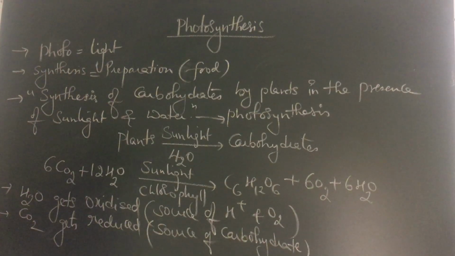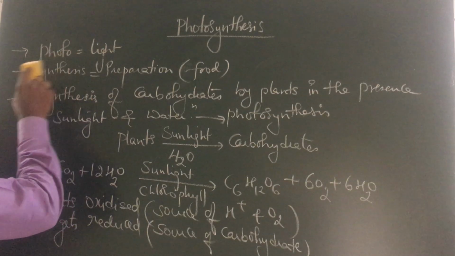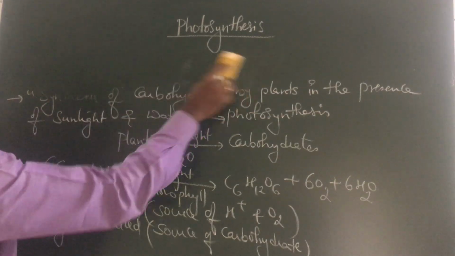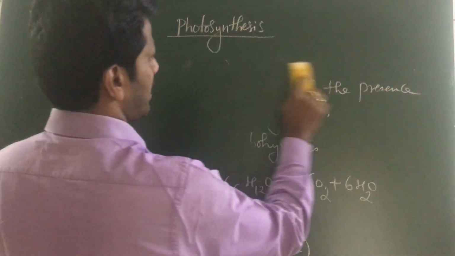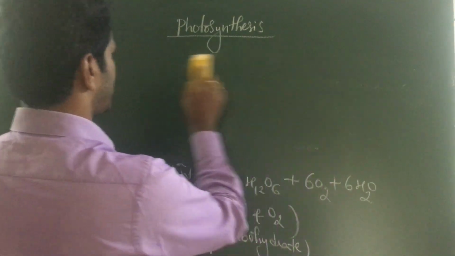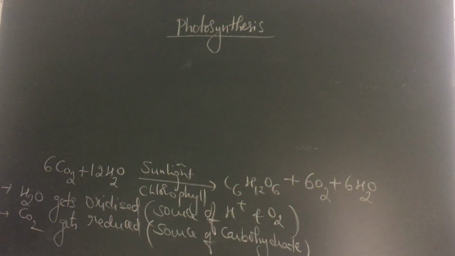Okay. Then here the light energy gets converted to chemical energy. The light which is taken from the sun is converted to chemical energy, which is nothing but the carbohydrate.